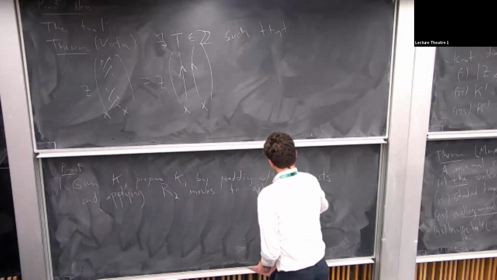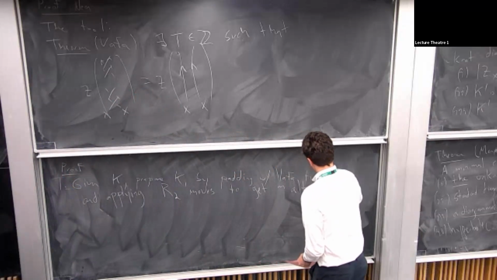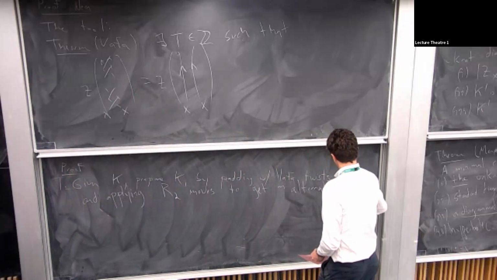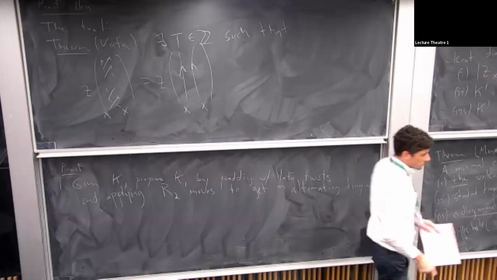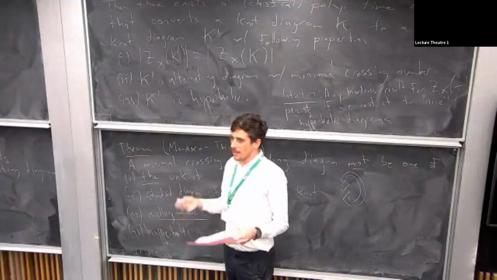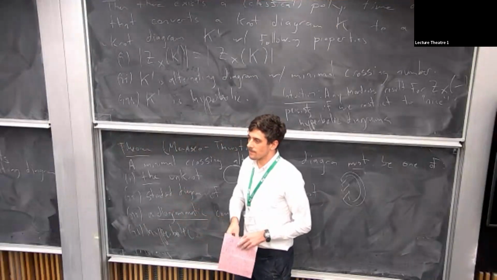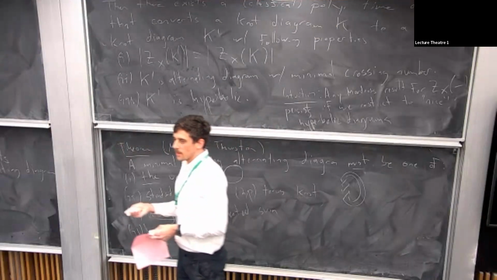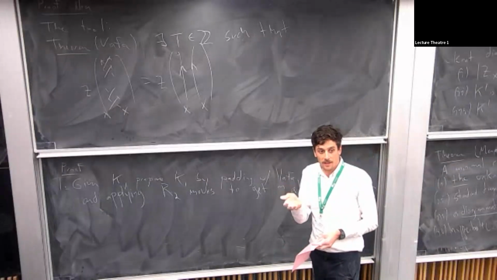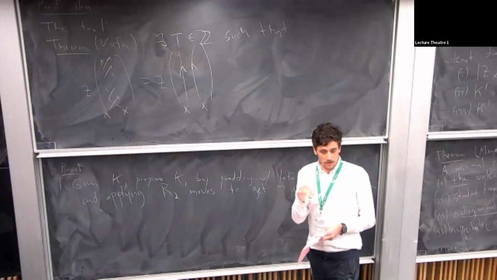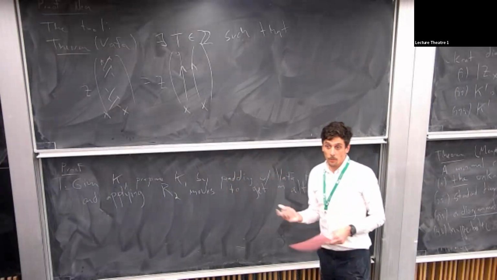So let me explain what I mean by that. Ignore the twists for a second. There's a really easy way to make any diagram of a knot alternating. You pick a starting point, you start walking around the knot, and it's going over, under, except sometimes it doesn't. And any time it violates over, under, you just swap the crossing and keep going. So I want to do something like that, except I can't.